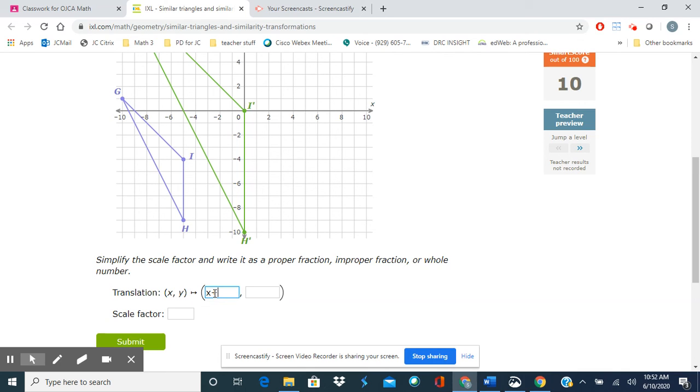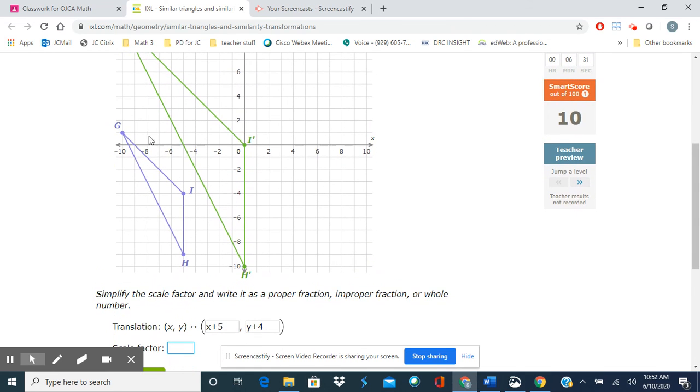So you have x plus 5, y plus 4. And my scale factor, if I move my g to the right 5, I'm going to be at -5, and up 4, I will be at 5. So here's where my new g would go.